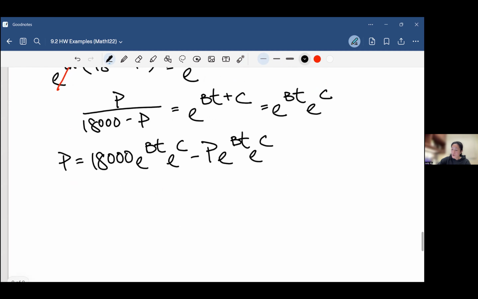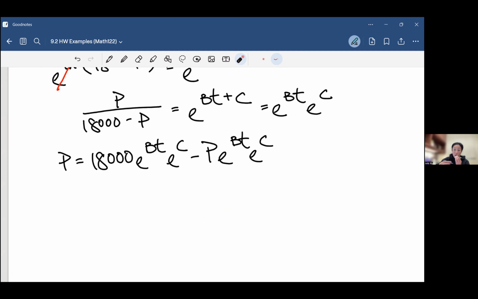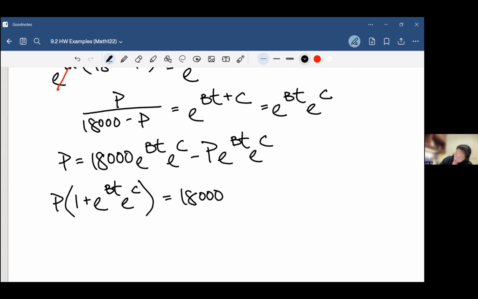All right, now I'm going to take this term that has the P and I'm going to add it to the other side. And then I'm going to factor out the P that's now in both terms. So that's going to give me P parentheses 1 plus e to the bt e to the c equals 18,000 e to the bt e to the c.